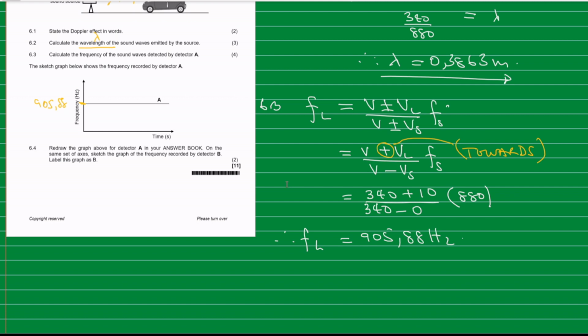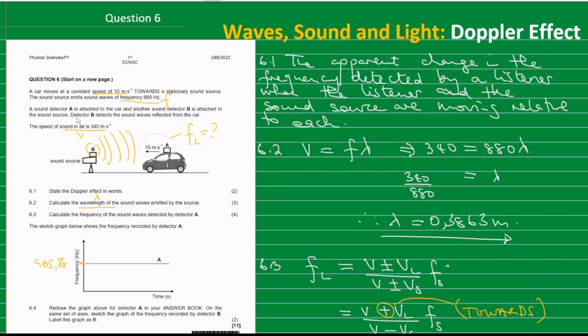Now we are told that detector B is detecting the sound waves that are reflected from the car A. So car A is receiving a frequency of 905.88. When the waves are reflected, which means they are thrown back, the car is now acting as a new source of sound.